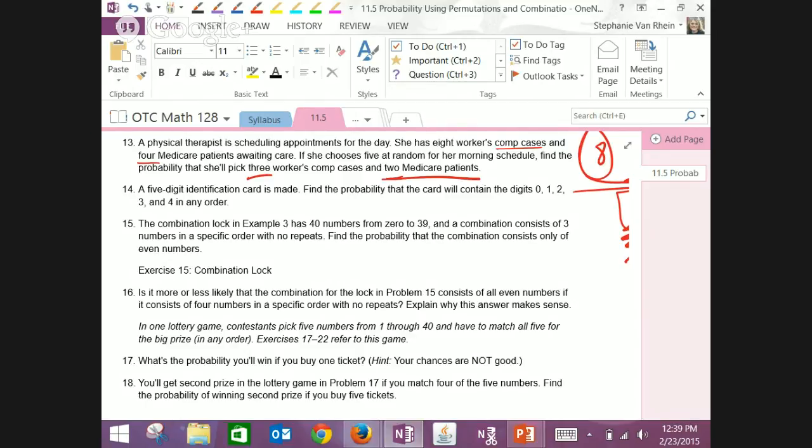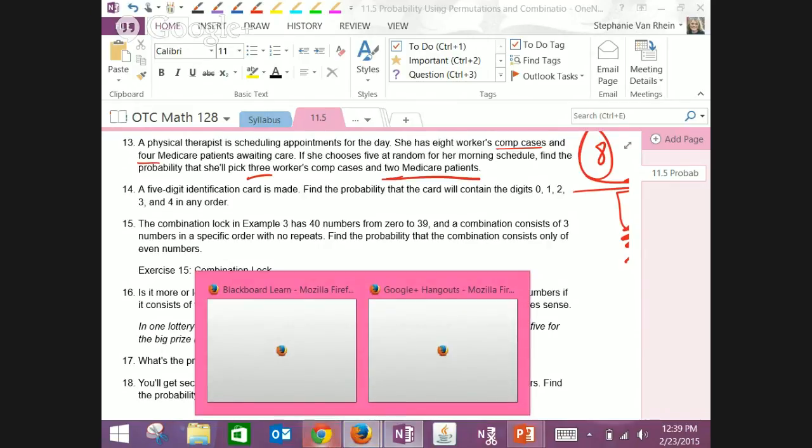Is 0 an even number? I don't think it counts as either one. I thought it was neutral. Well, the definition of even is it can be divided by 2. 0 can be divided by 2. But odd, good question. Let's see.